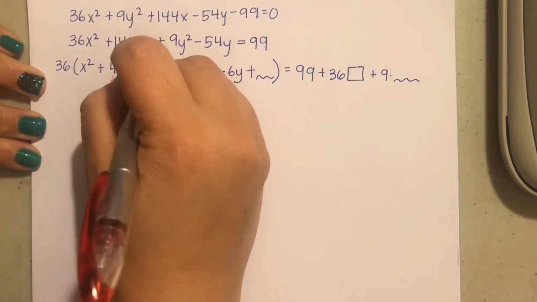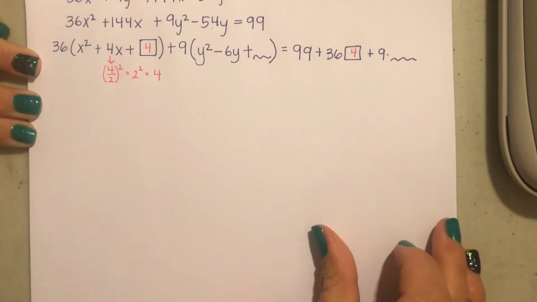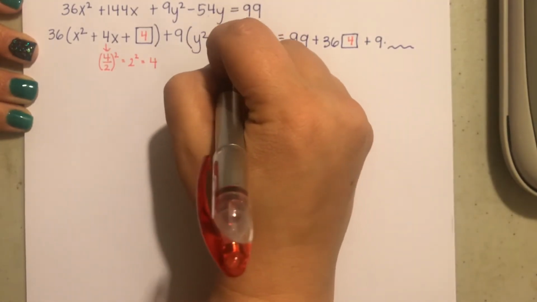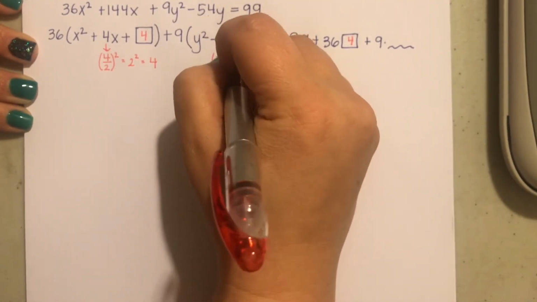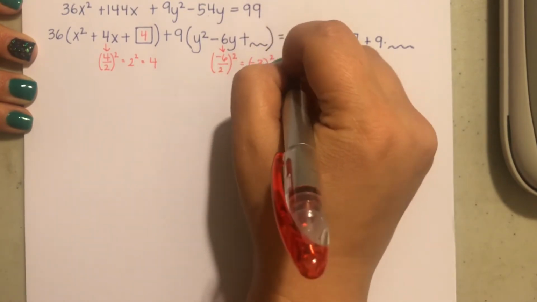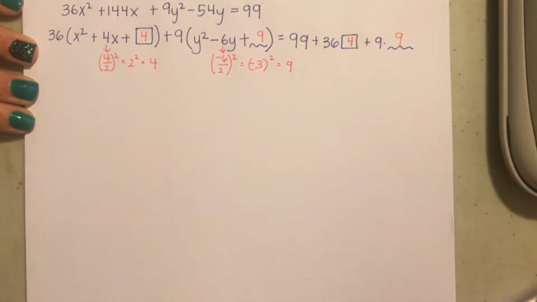That gives us 4 in both of those empty spots. Okay, then we're working with negative 6 over 2 squared, which is negative 3 squared, 9. So that's a 9, and that's a 9.